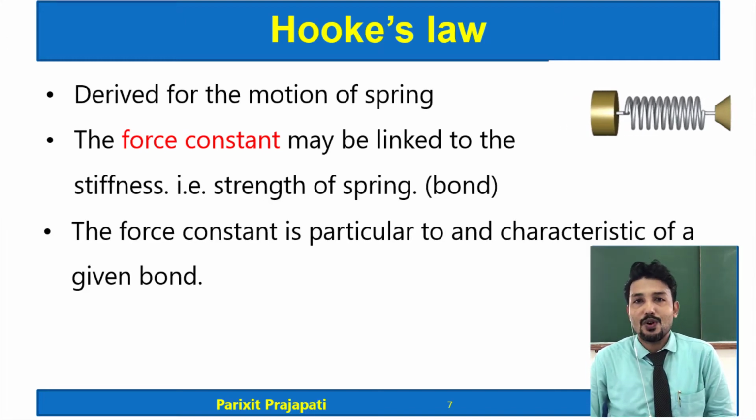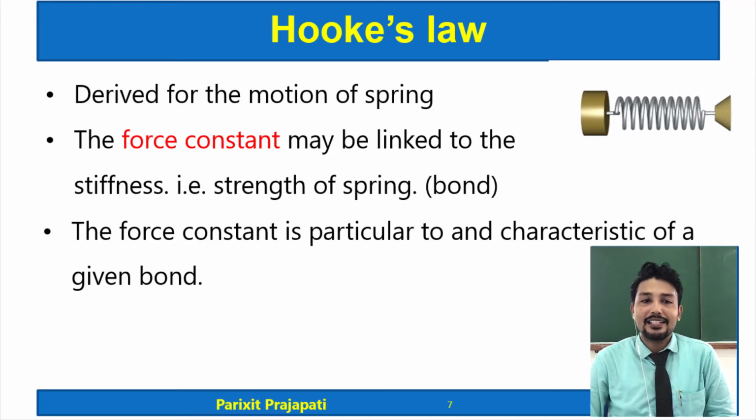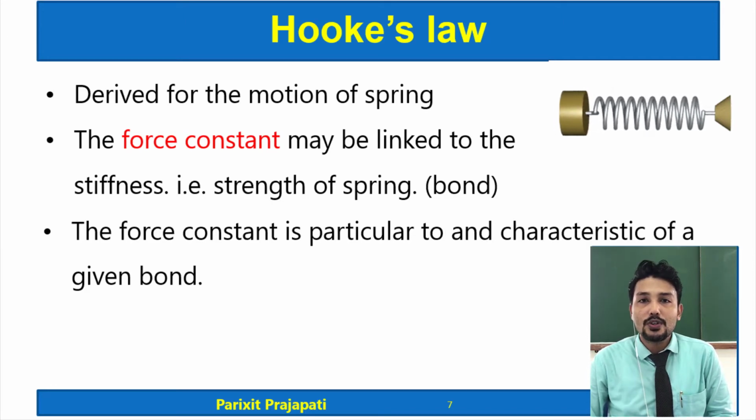Now, the force constant may be linked to the stiffness, or in other words, the strength of the bond or the strength of the spring. So, for the covalent bond between the atoms, the strength of that bond can be determined using the force constant. That means the higher the force constant, the stronger the bond.